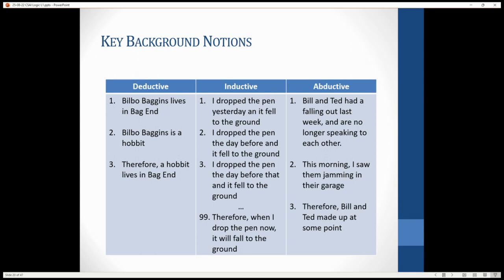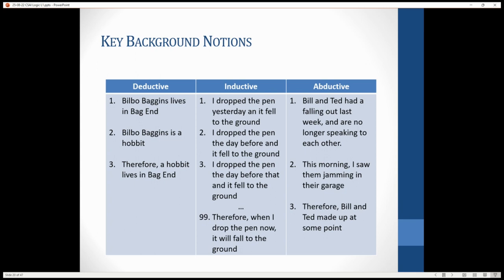We have, right, Bill and Ted had a falling out last week. They're no longer speaking to each other. This morning, I saw them jamming in their garage. Conclusion, Bill and Ted must have made up at some point. They must be friends again. So what's the conclusion here? The conclusion is meant to be an explanation for how these apparently disjunct situations can fit together.